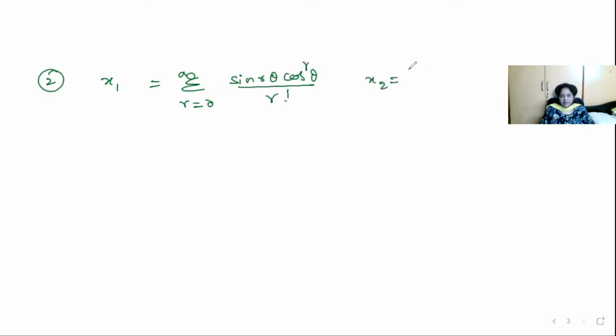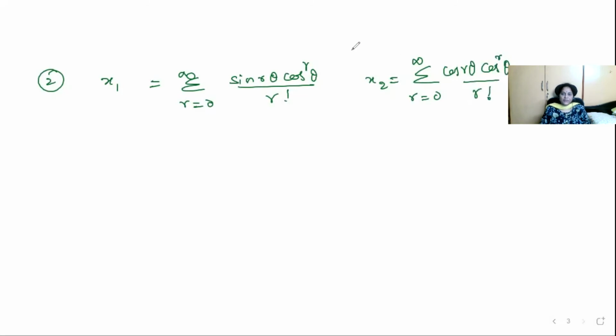I have a series where x1 is given as sigma r equal to 0 to infinity sin r theta cos raised to r theta by r factorial. And x2 is the other series, which is given as r equal to 0 to infinity cos r theta cos raised to r theta divided by r factorial.